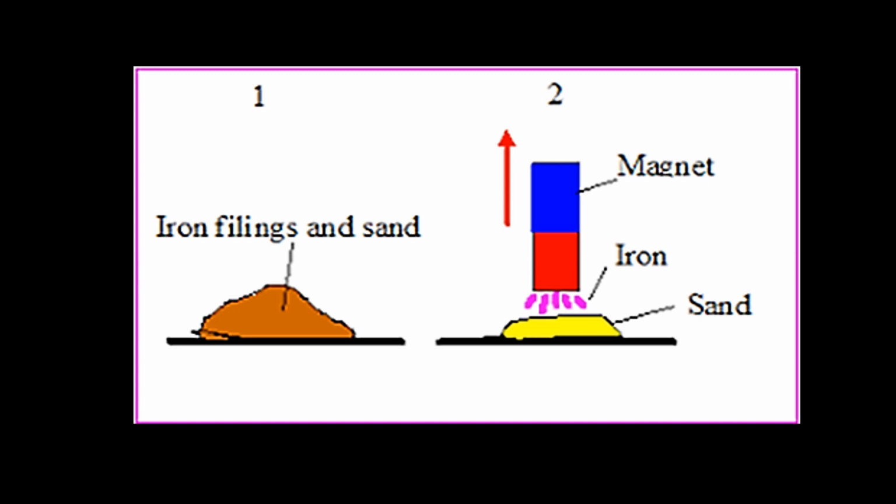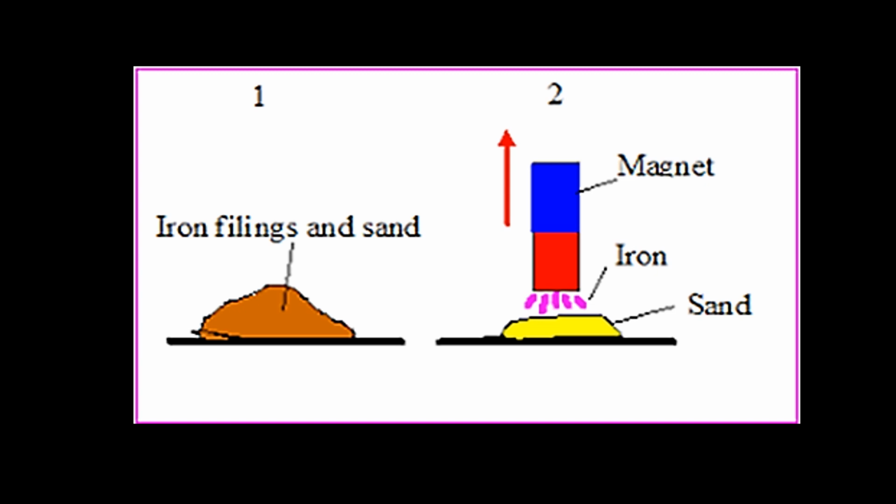Now we'll move a magnet over the mixture and rotate it. The iron filings, because iron is magnetic in nature, get attracted towards the magnet and cling to it, and the sand is left behind.